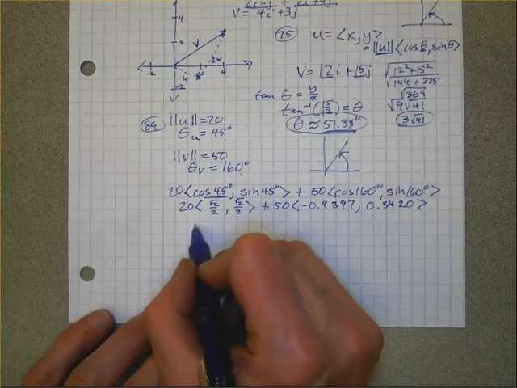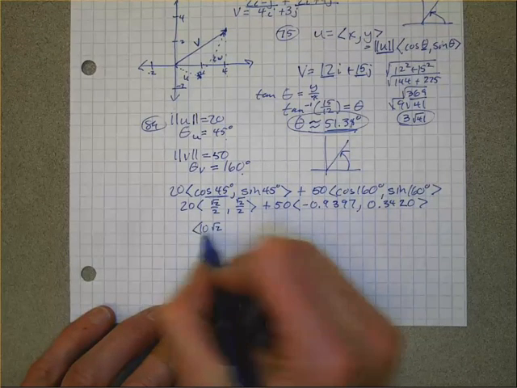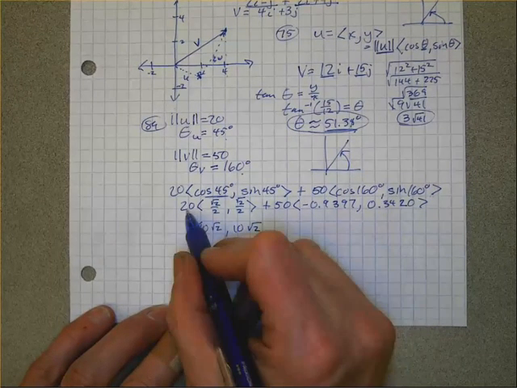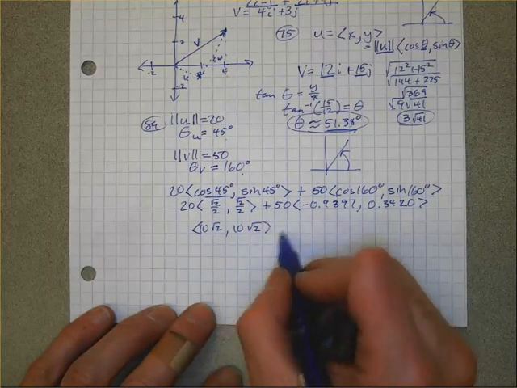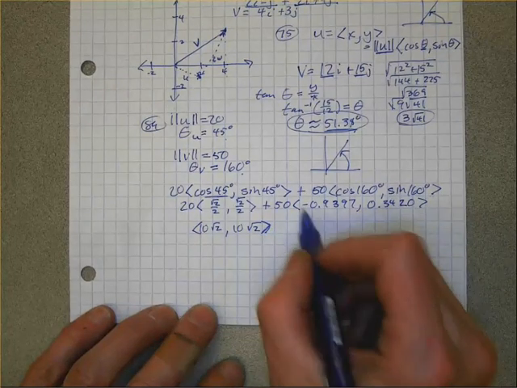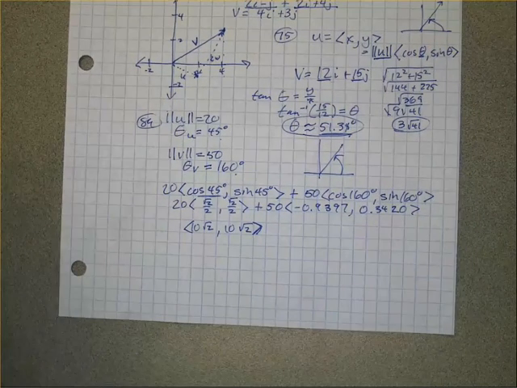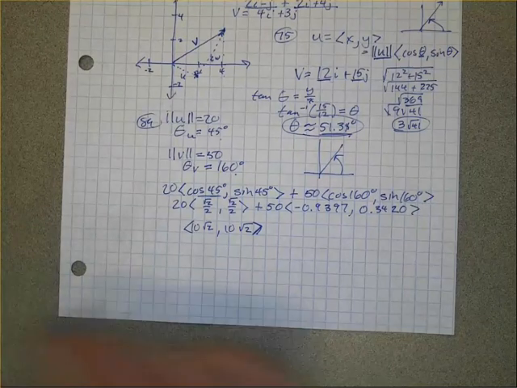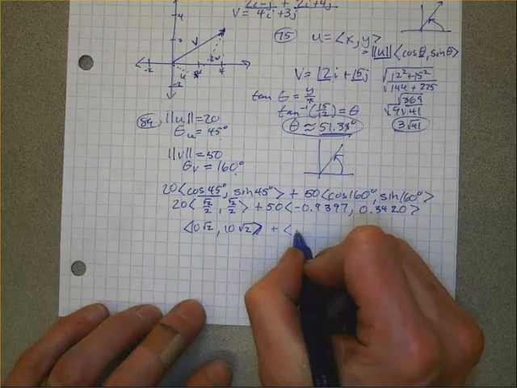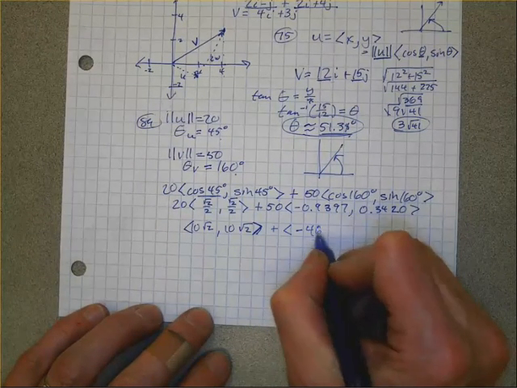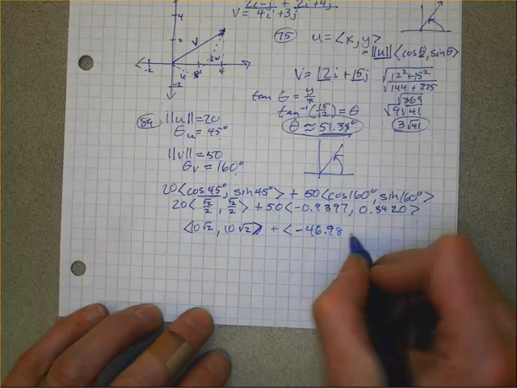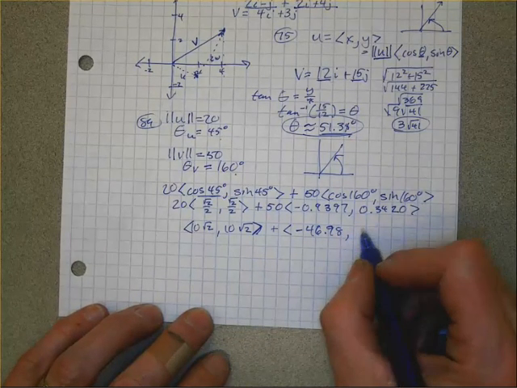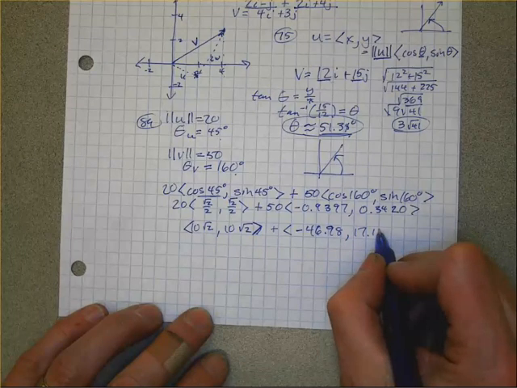So I'm going to get 10 root 2, 10 root 2, because the 20 and the 2's will cancel for both of those. And then 50 times that is about negative 46.98 and 17.10.